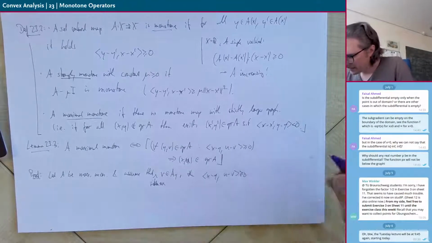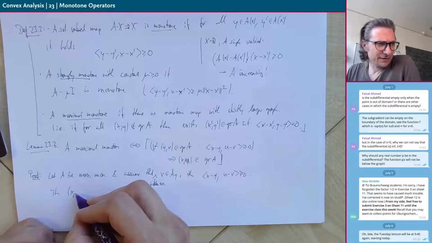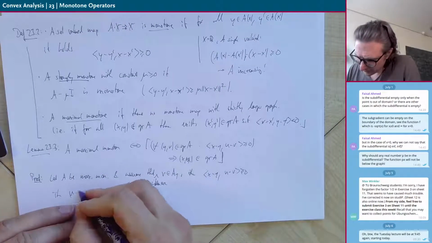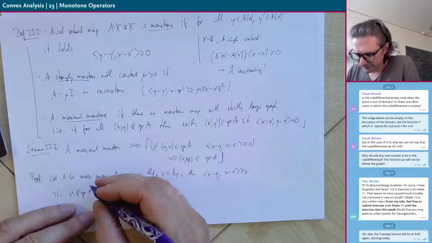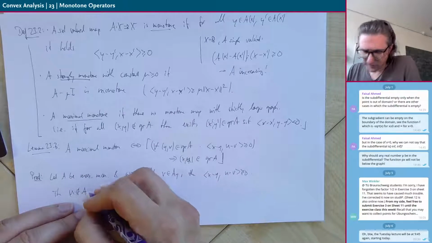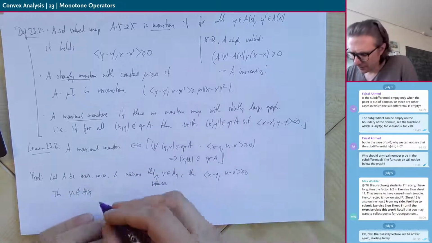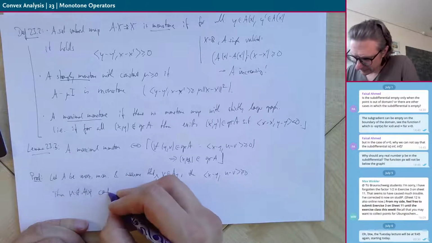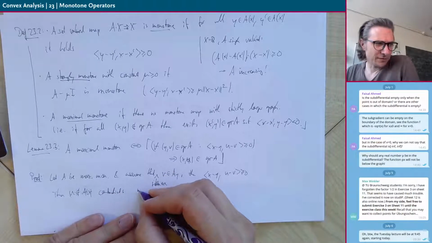Okay. So then, if u is not in A of x, this contradicts the maximality.